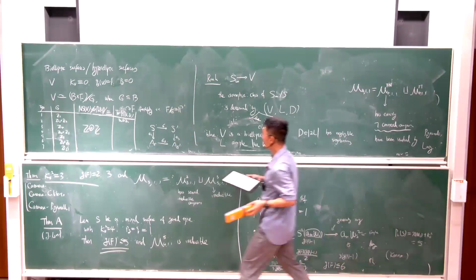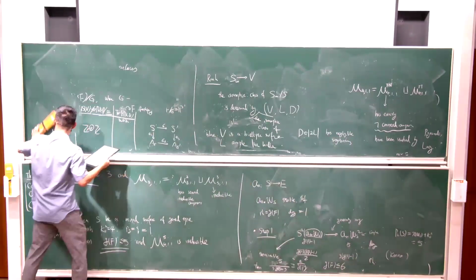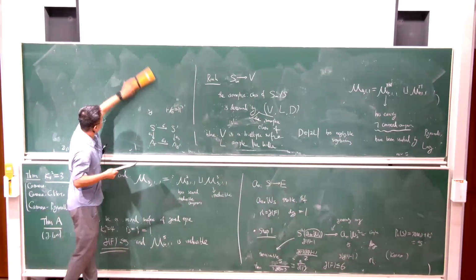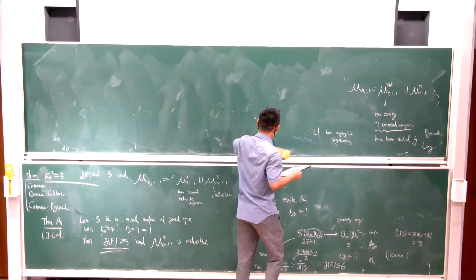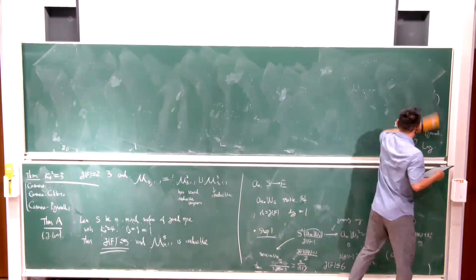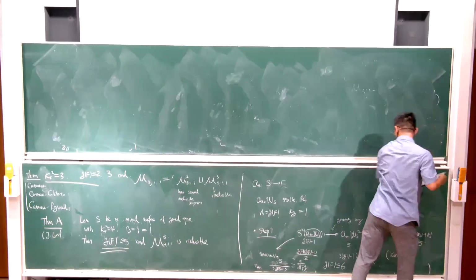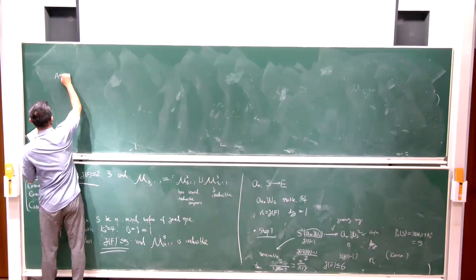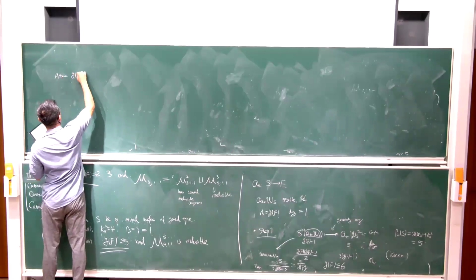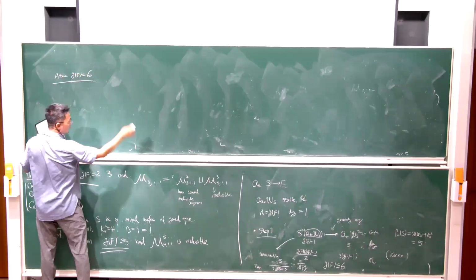Okay, then we have step 2. So assume the general fiber is 6. Again, we look at this map.